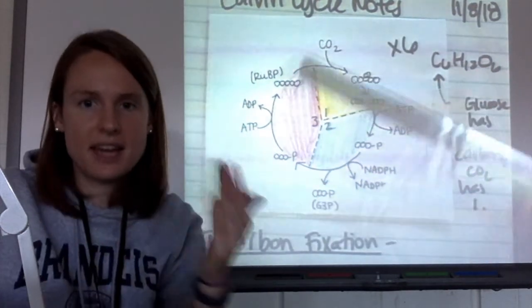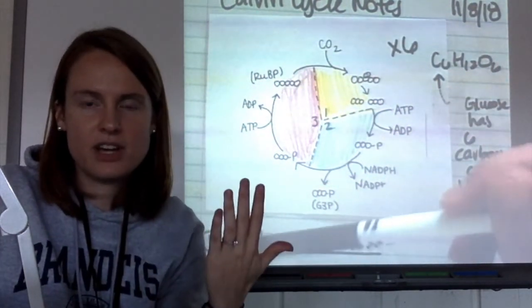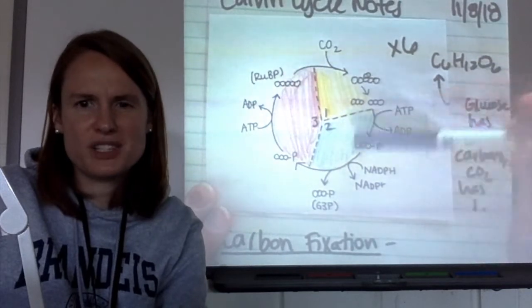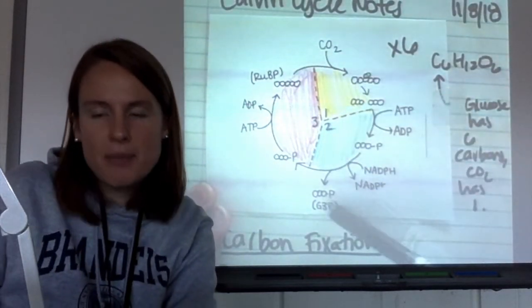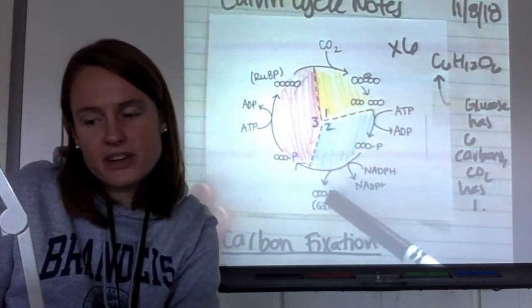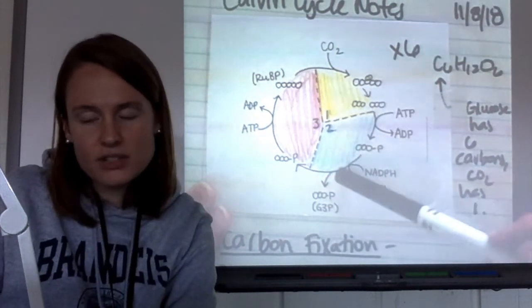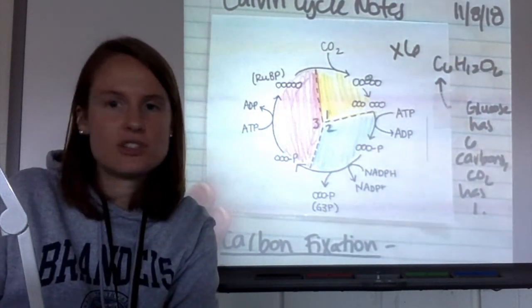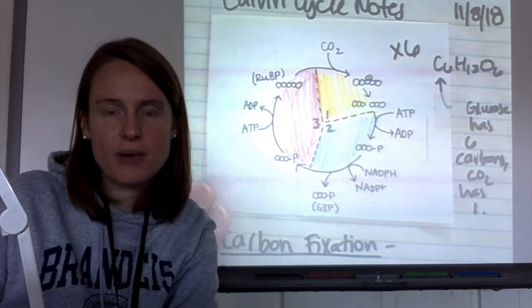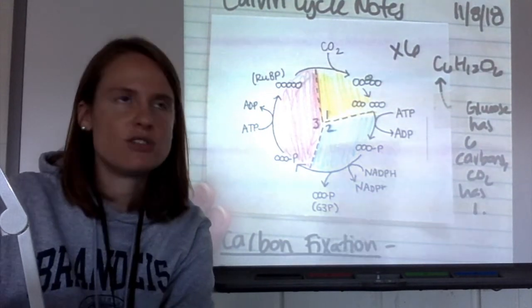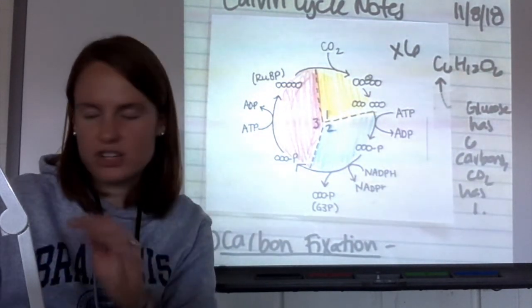So you'll see in the next video, the TED Ed video that I'm posting, how this works. But basically, 2 of the G3Ps that are made from the 6 cycles are going to come out and form glucose or starch or another carbohydrate component. I guess you need glucose to put together to make starch.